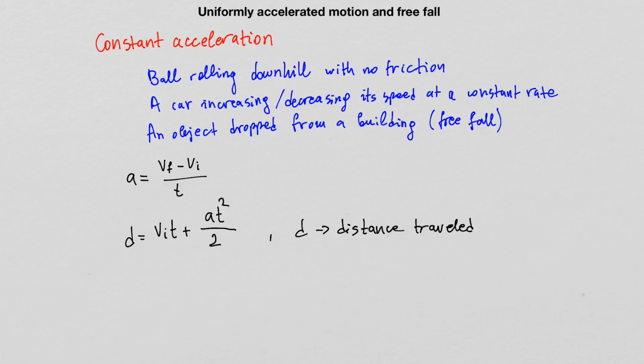What you see from this formula is that if the object was moving without acceleration, this part was missing, and the object will travel a smaller distance compared to an object that's moving with acceleration, because this extra term here will add some more to that first term. So when an object is moving with acceleration for the same amount of time, it's going to travel a longer distance compared to an object that is moving without acceleration for that amount of time.